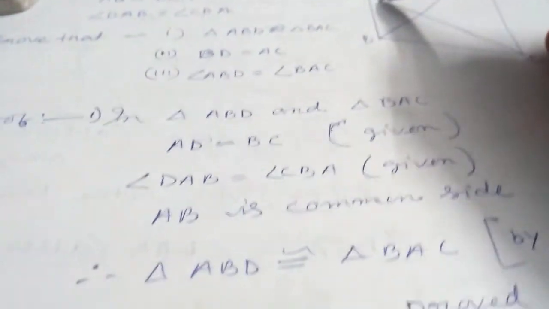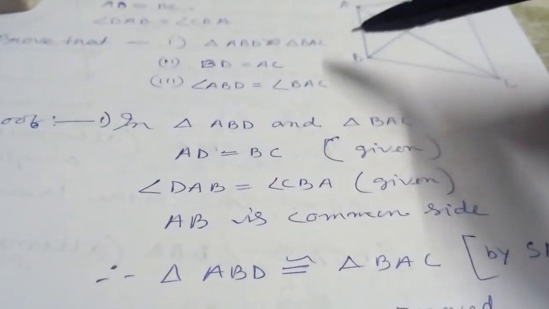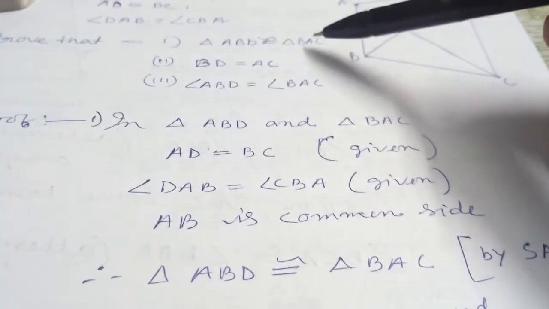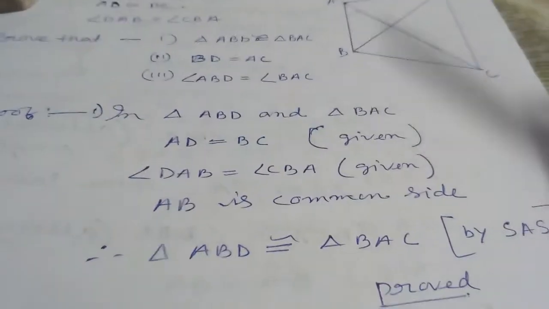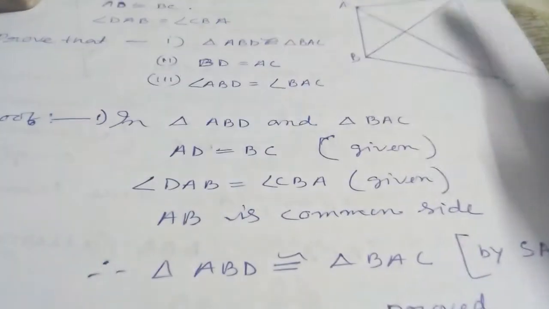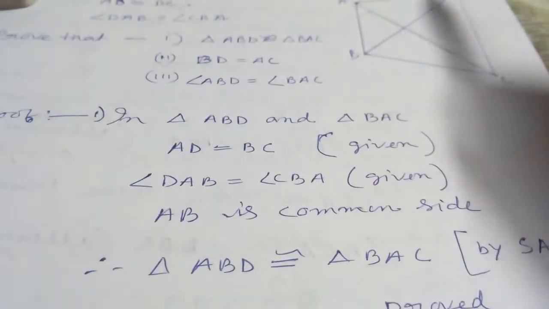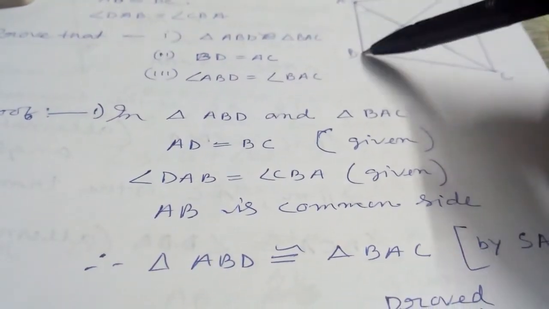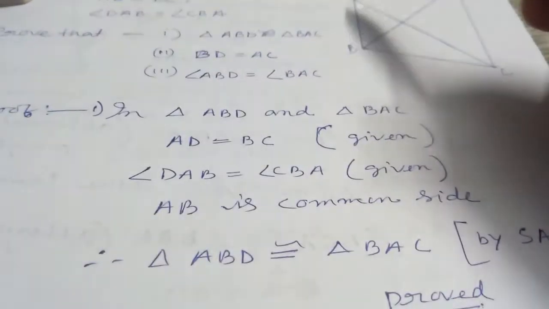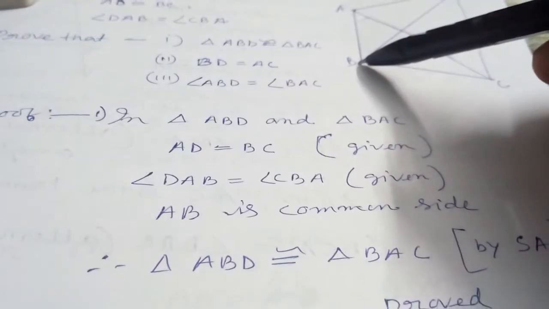Now solution. In triangles ABD and BAC, what is given? AD is equal to BC and angle DAB is equal to angle CBA, and AB is the common side.